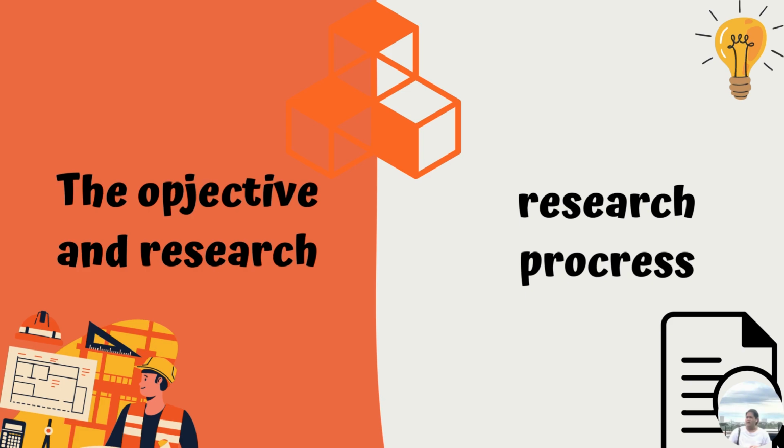On the same slide is the research process. The research process has five steps. First, study the production process of product A. Second, explore the current information of the work process.